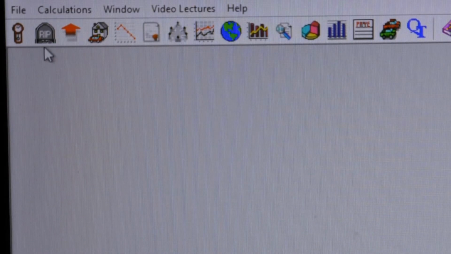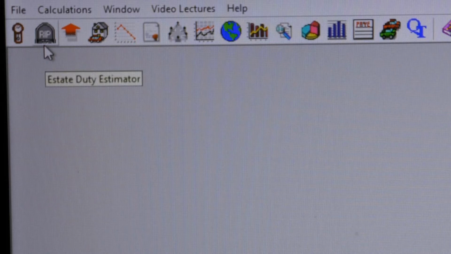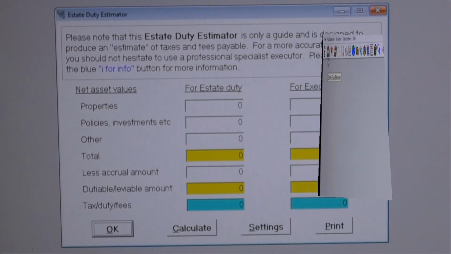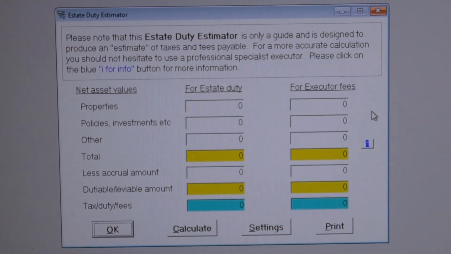This icon will access the estate duty estimator. It is well nigh impossible to get a client to produce all the data required to do a comprehensive estate duty and executor's fees calculation. This calculator is designed to produce a simple estimate of estate duty and executor's fees that would have to be paid in the event of death by entering only a few amounts.